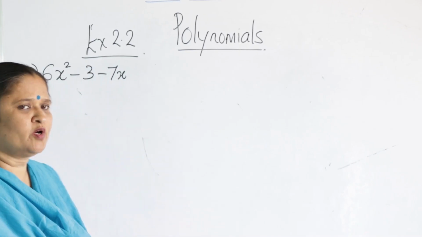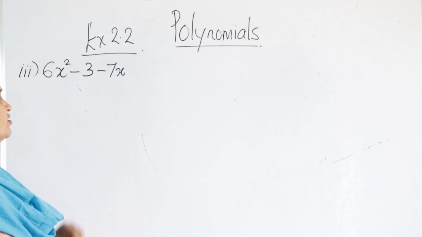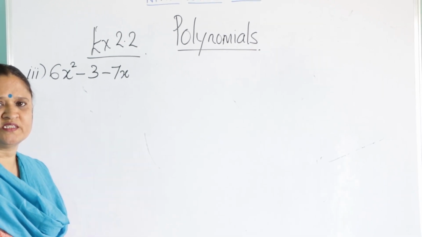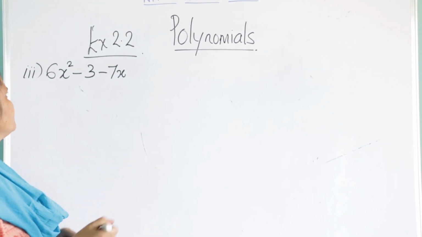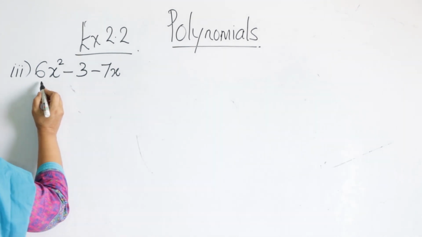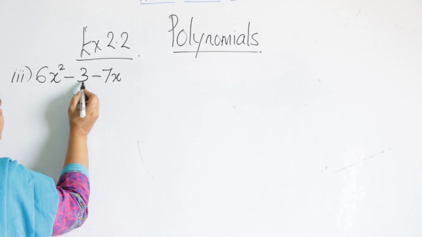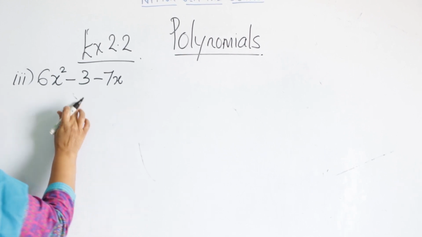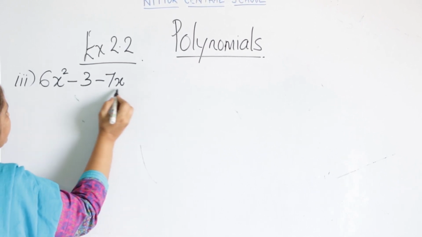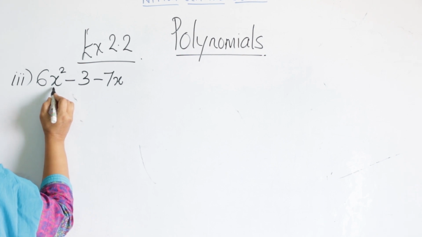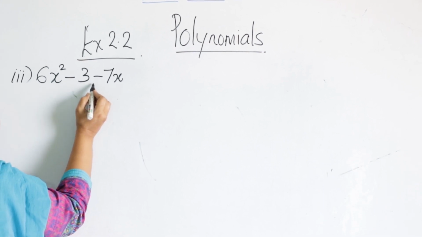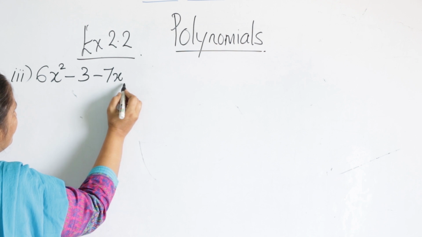Let's solve problem number 3 of the first main exercise 2.2. The polynomial given here is 6x square minus 3 minus 7x. You should observe carefully here. The variable is not arranged in descending order.